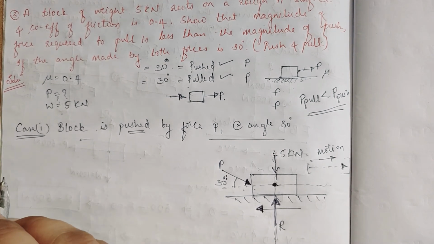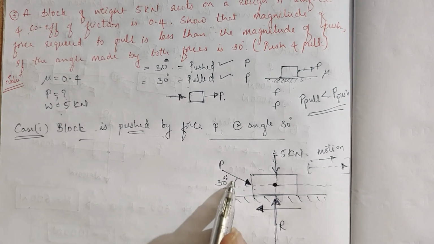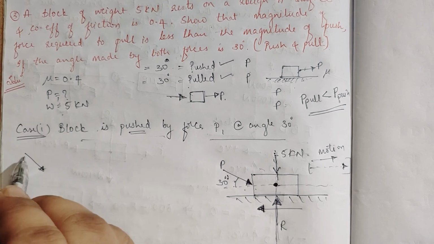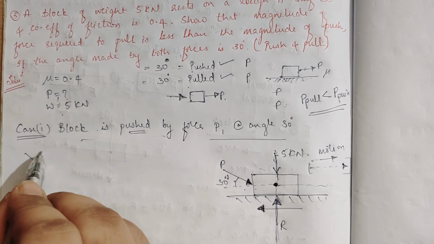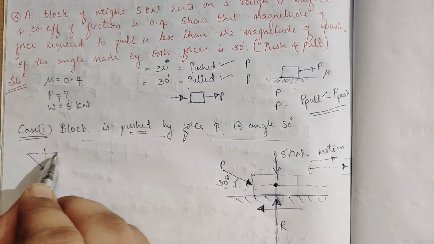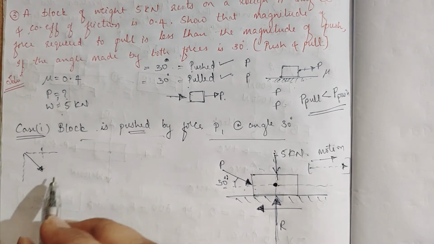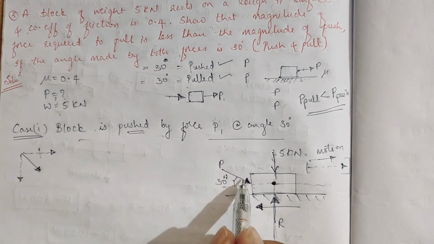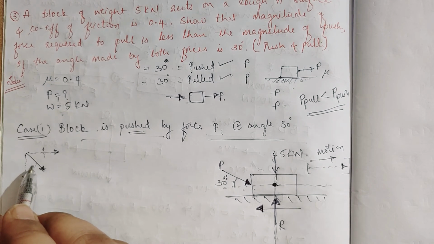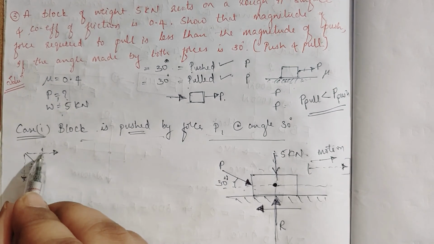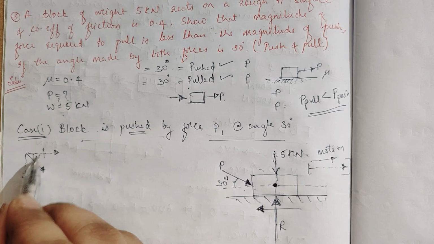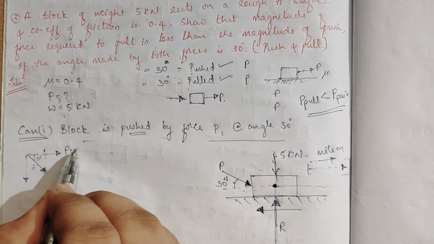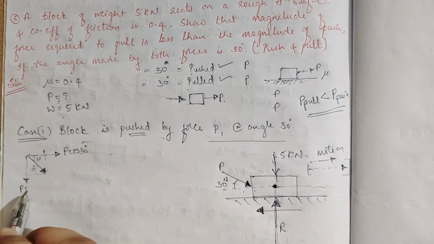Then what we do, we'll directly solve the problem. So P is there, this force I'll resolve into horizontal and vertical components. This is the force P, and this is 30-degree, which means this will also be 30-degree, alternate angles. So it will be P cos 30-degree and P sin 30-degree.